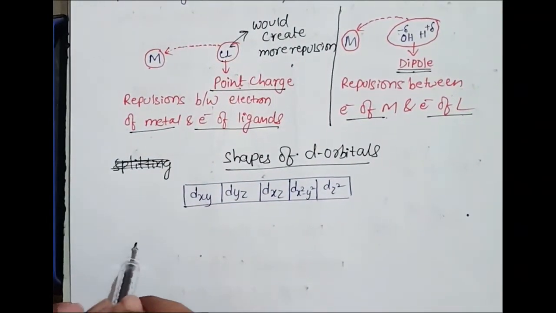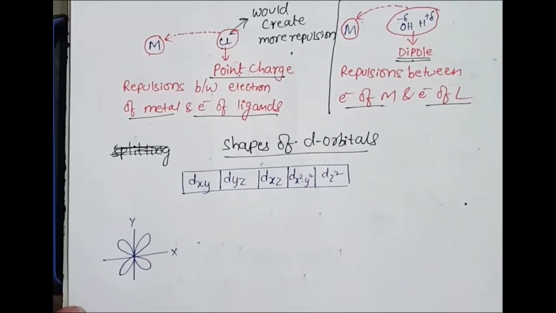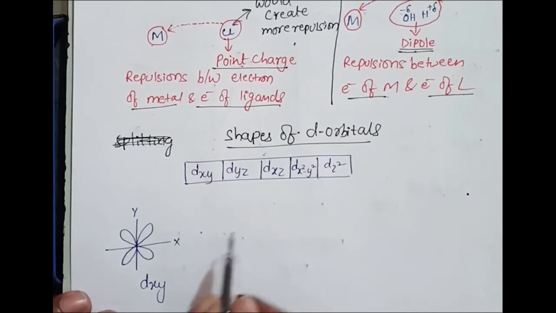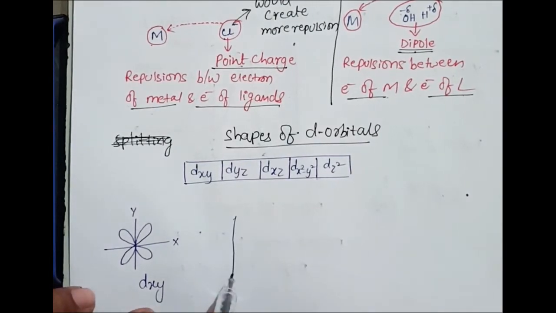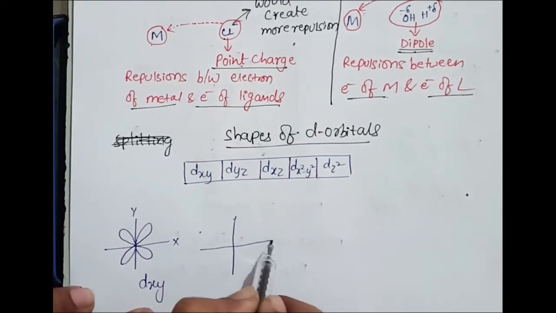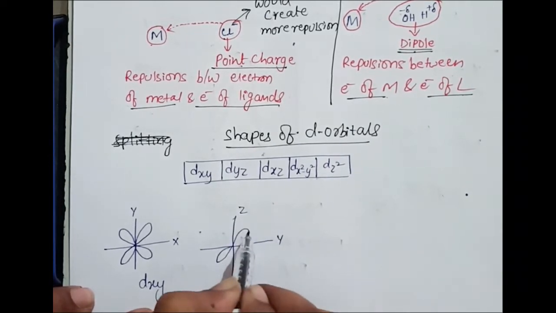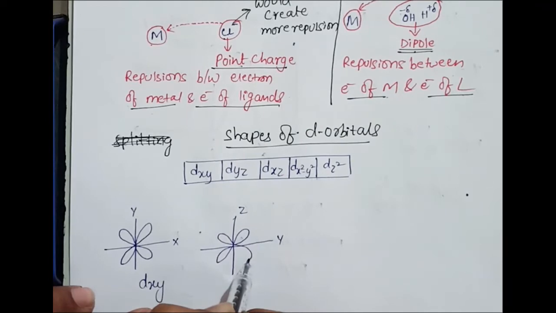Here the shape of dxy is a double dumbbell, you all know that. Double dumbbell between the x-axis and y-axis. That is dxy. And dyz is a double dumbbell between the y-axis and z-axis. Axis names I am changing.